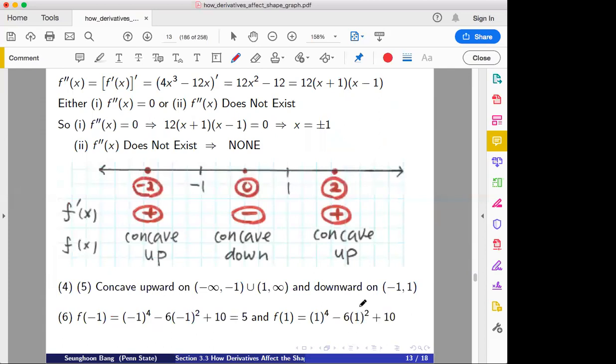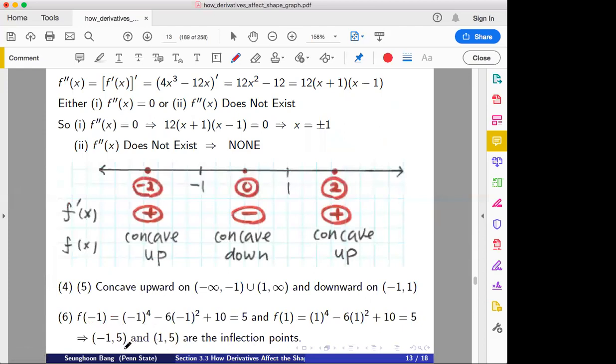Similar: 1 to the 4, minus 6 times 1 squared, plus 10, is 5 again. We have 2 points. Minus 1, 5 is 1 inflection point. X component 1, Y component 5 is the second inflection point.